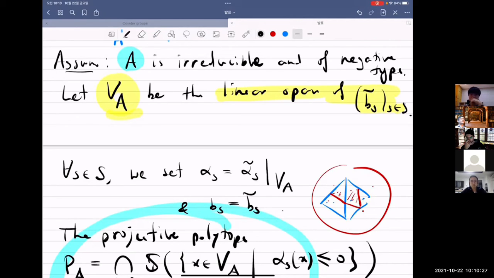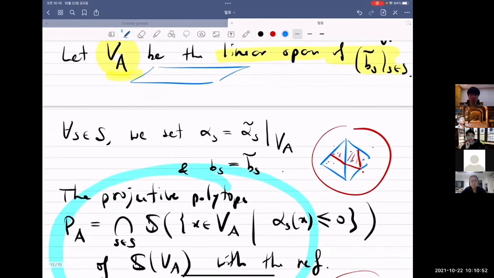So the point is, for example, let's imagine the Euclidean case. So I guess one question is what is B_S tilde here, and what is B_S? I don't seem to understand. Okay, so the B_S will simply be the B_S tilde, because this is in the V_A, right?